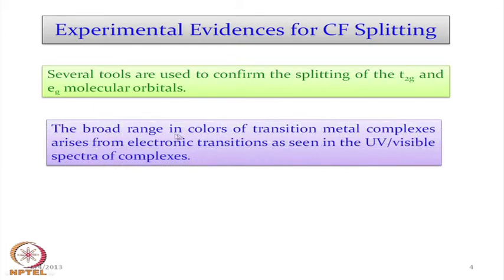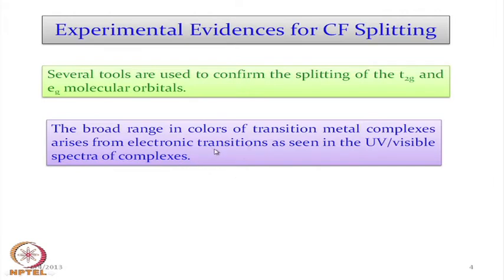So what we get is that the broad range in colors of these transition metal complexes is due to the corresponding electronic transitions. That means if we have one single electron in the T2g level that we have discussed earlier, the transition from the T2g to eg level can give rise to the corresponding electronic transition in the UV visible spectra of these complexes.